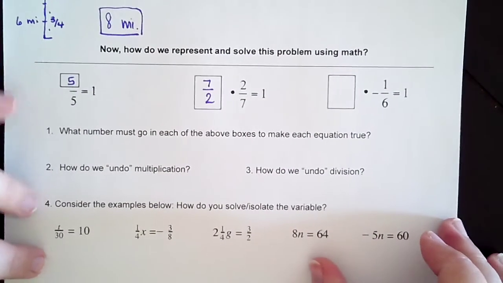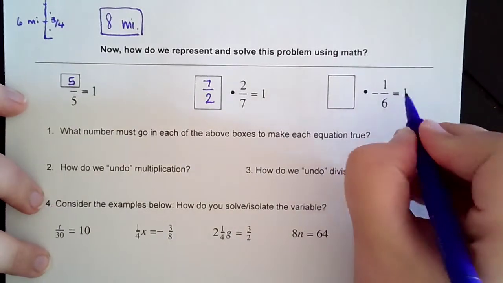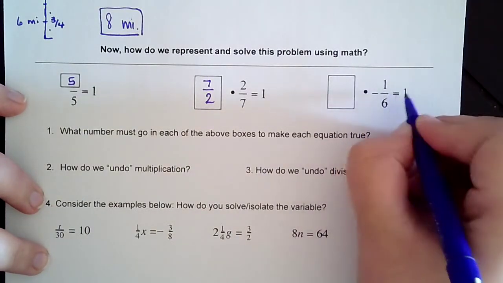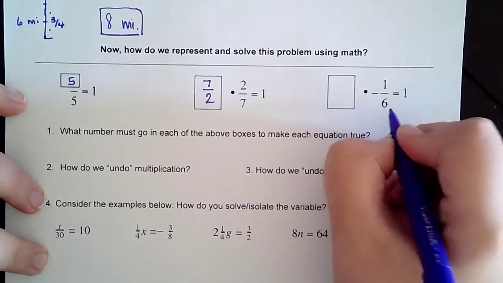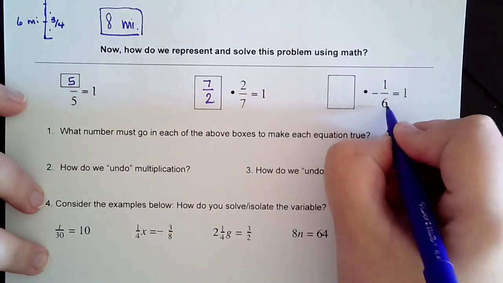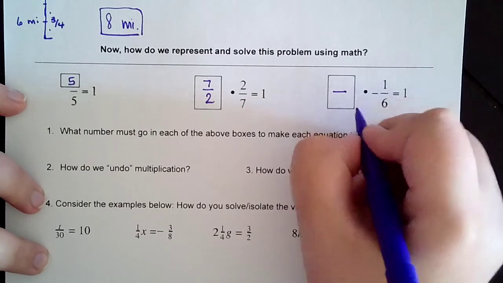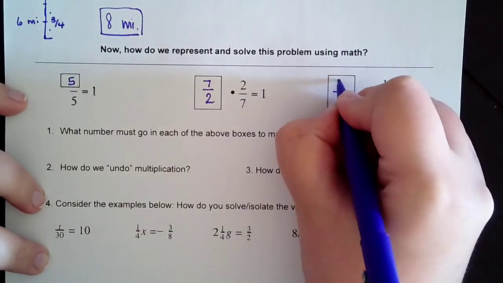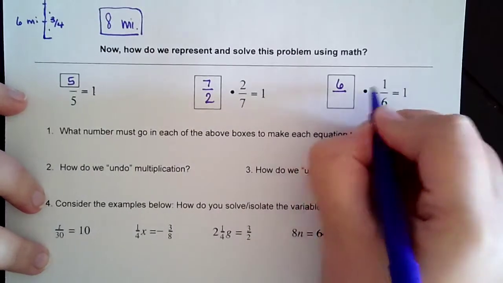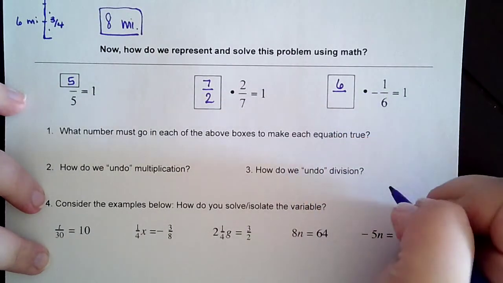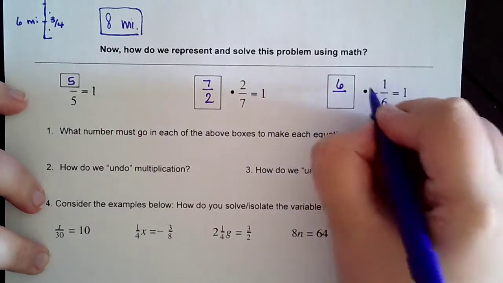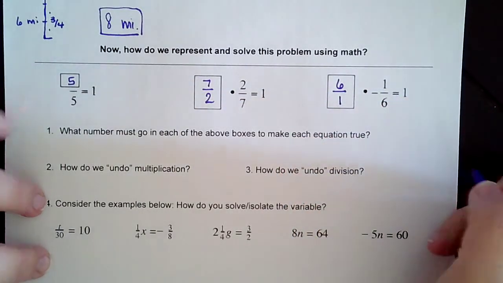This last one is very similar. How do we get this to be something divided by itself to equal 1? Well, if we have something divided by 6 on the bottom, that means that whatever is on top must multiply to 1 in order to be 6. So 6 times 1 is 6, divided by 6 is 1. And in order to have something on the bottom, we're just going to invert it and say it's 1.